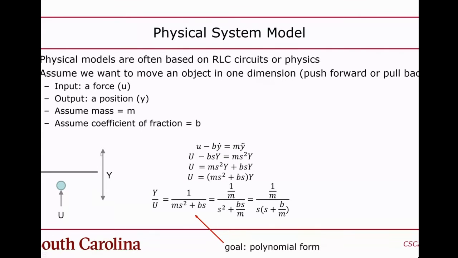So y is the position, and y dot is a notation that just means the first derivative, so it's the speed, the velocity. Adding those two things together gives me the net force on the object, which is the mass of the object times the acceleration, y dot dot. So that's a super simple way to model just pushing something. You're applying an input force, it's got some friction, and you're trying to move it to a specific spot, y, which is the position.